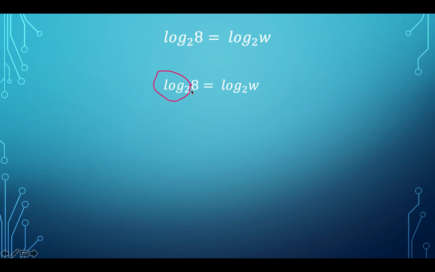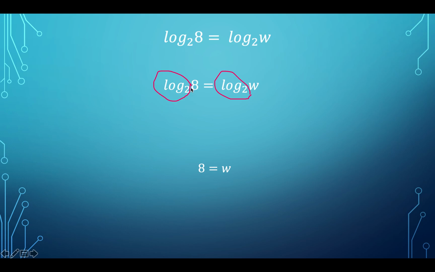So now bases are the same. Same thing over here. Log base a, then x is equal to y. So now we could set these two equal to each other. So now we could set 8 is equal to w. This one, we just have to solve for w. There's no work here because w is already by itself. So here our answer is 8.